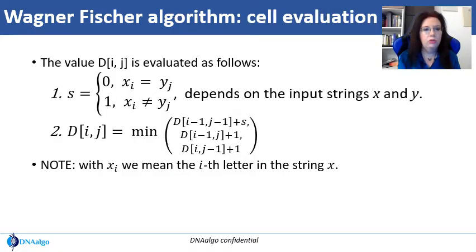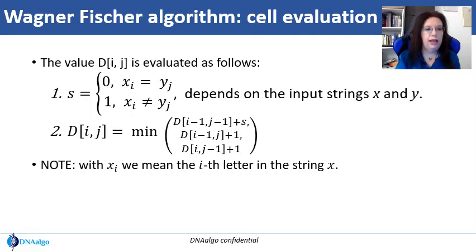So how will we fill up the matrix? Basically, each cell will be computed as follows. If the two characters that we are comparing are the same, we give a 0 as penalty to that particular cell.